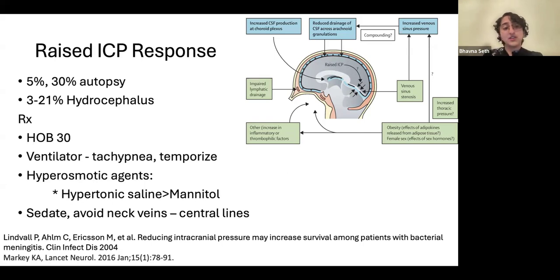Temporizing measures that you can use are increasing the respiratory rate on your ventilator, and then giving hypertonic saline. Hypertonic saline has had better outcomes than mannitol and other supportive elements. However, these are all temporizing alone, and so neurosurgical intervention and release of the pressure is one of the key interventions.